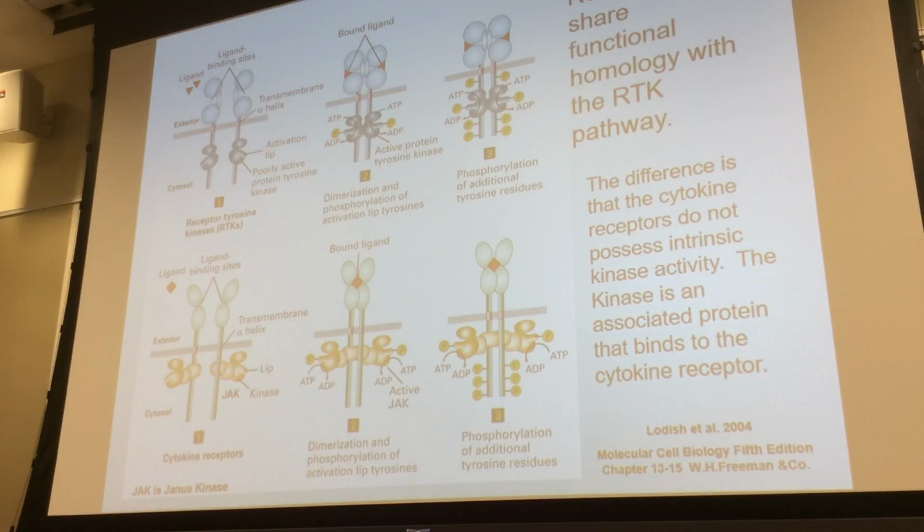So this phosphorylation lip now becomes open once the kinase itself is activated. And at this point, we can see that the JAK kinase is going to begin interacting with a substrate, and that substrate is going to be called STAT.